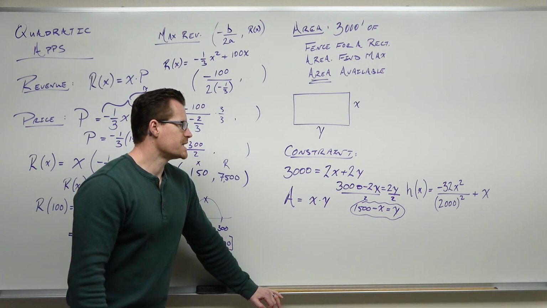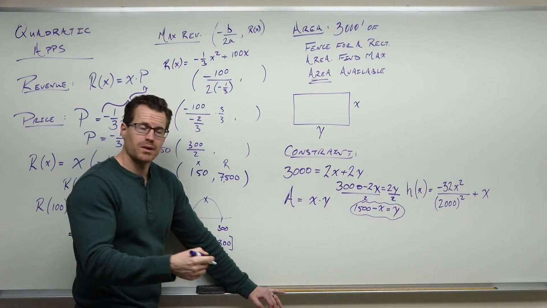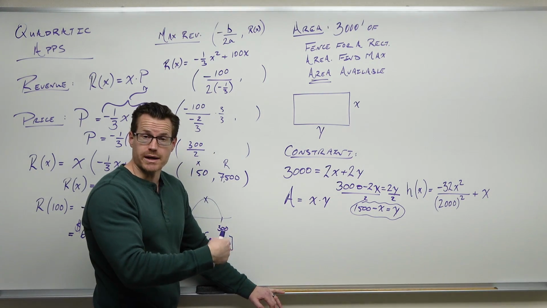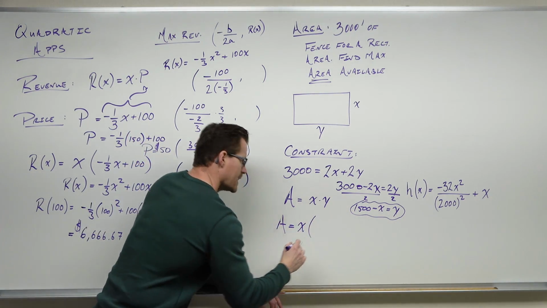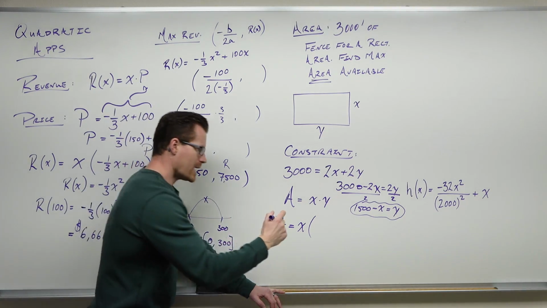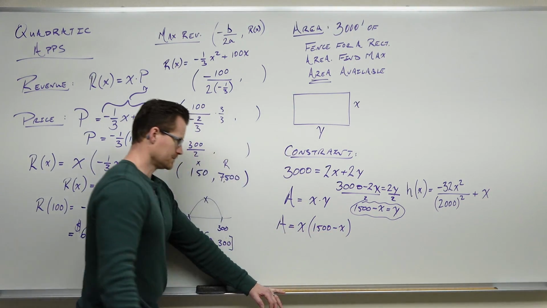This right there, 1,500 minus x equals y, that is what we can replace inside the function I'm trying to maximize. So instead of A equals x times y, I can say A equals x times y, but y equals 1,500 minus x.